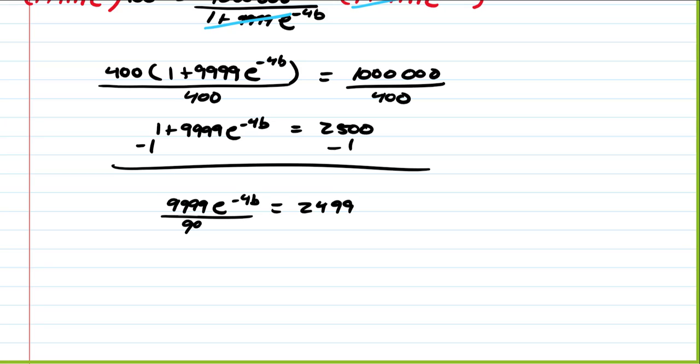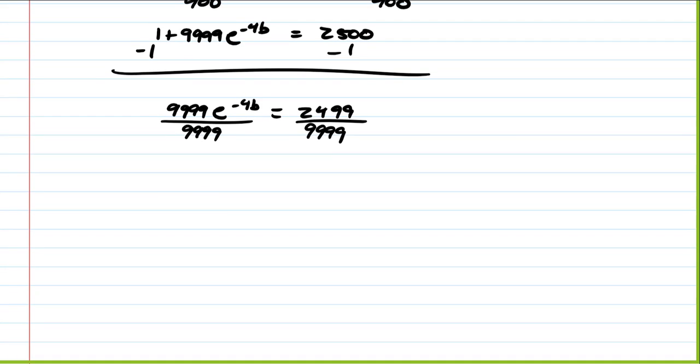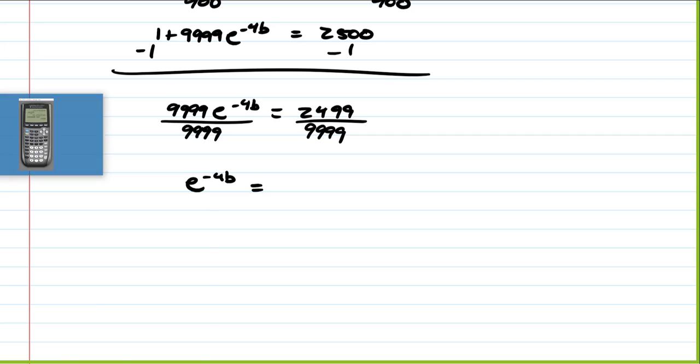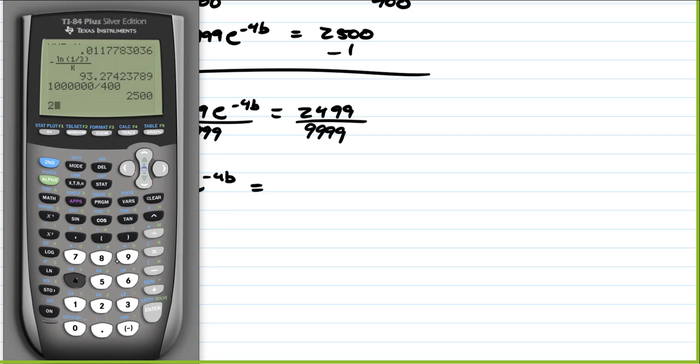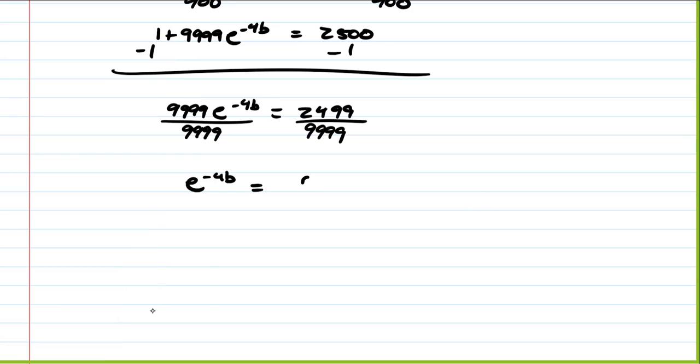So then we divide by 9,999, and we get e to the negative 4b is equal to that. Let's see if it reduces. 2,499 over 9,999. And we get 833 over 3,333.